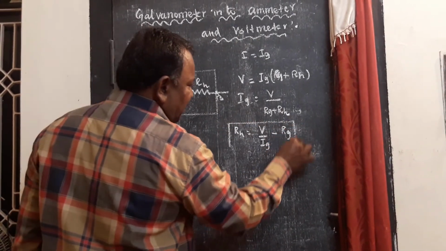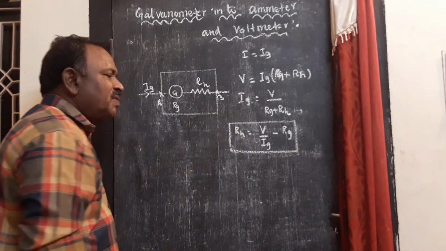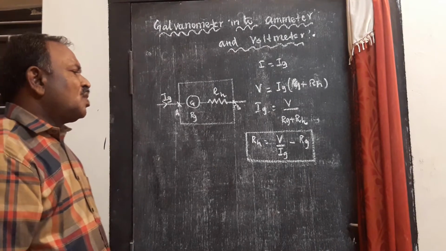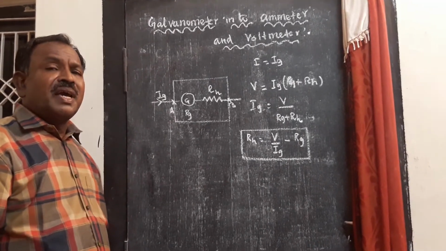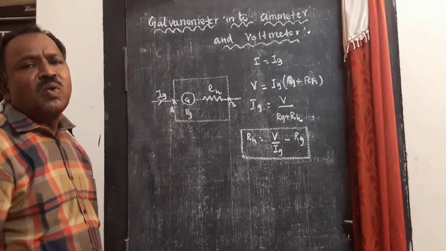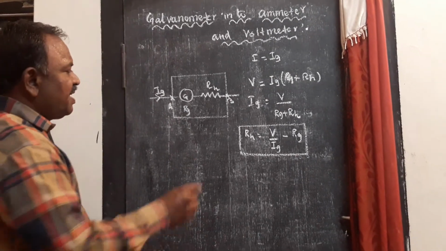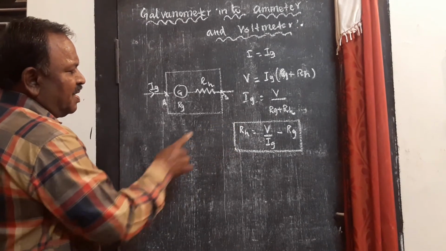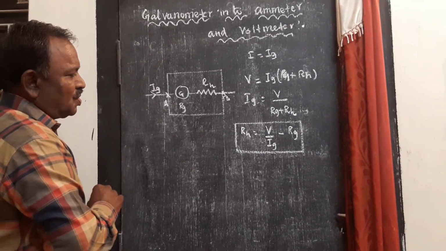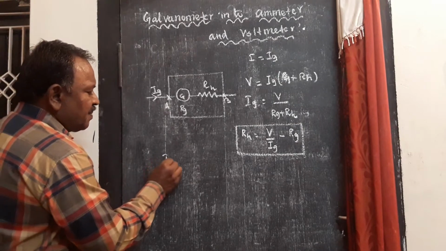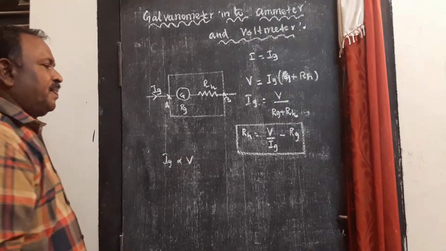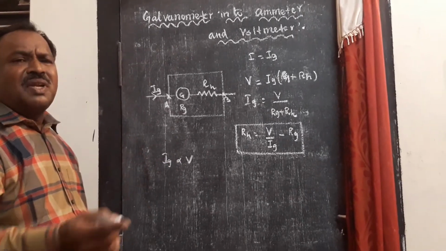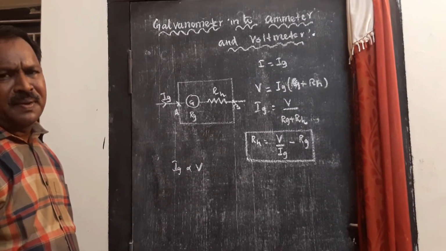This expression will give the value of the resistor that must be connected to this galvanometer to convert it into a voltmeter of V volt range. Here we see that V by Ig minus Rg is equal to RH. So Ig is proportional to V. If the voltage difference is large, there is a large flow of current through the voltmeter.